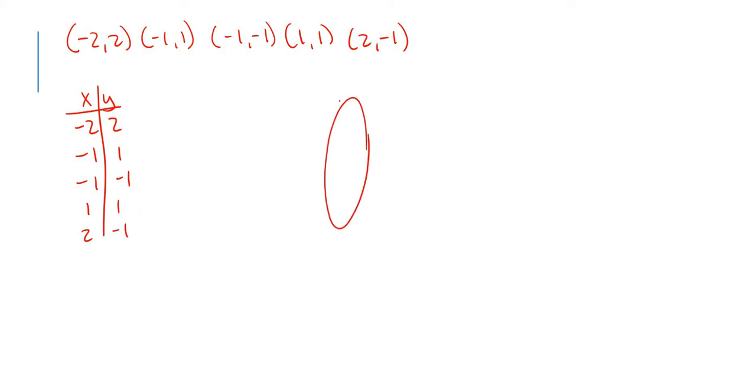And our mapping should have the numbers -2, -1, 1, and 2 in the x map, and 2, 1, and -1 in the y. -2 pairs with 2, -1 pairs with 1. It also pairs with -1. 1 pairs with 1, and 2 pairs with -1. So that should be what you came up with for your mappings.